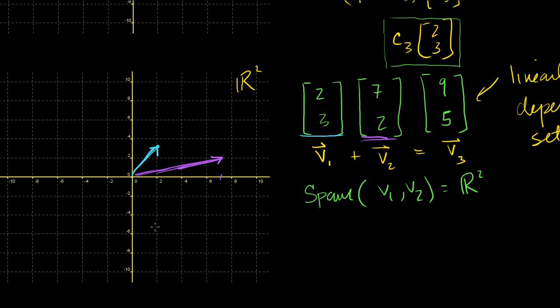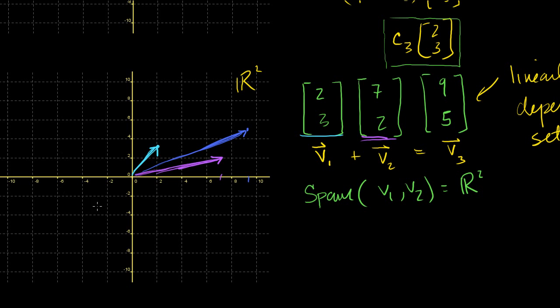That means that every vector here, every position here, can be represented by some linear combination of these 2 guys. Now, the vector 9, 5, it's right there. It is in R2, right?